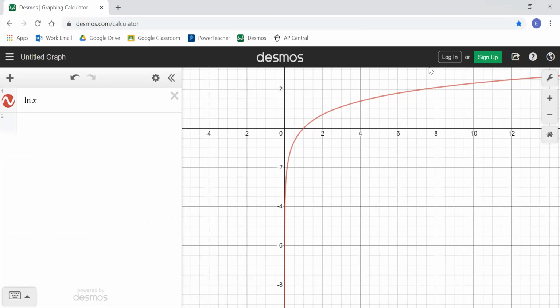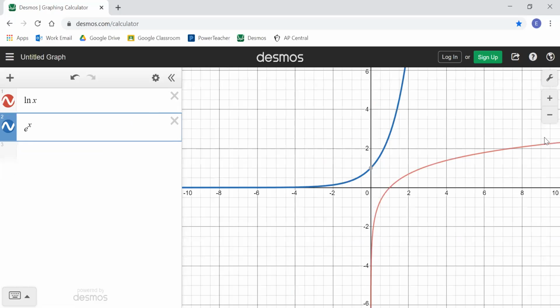And as x approaches infinity, natural log of x continues to increase, albeit slowly, towards infinity. So as x goes towards infinity, ln x is infinity, but as x goes towards 0 from the right, ln x is negative infinity. Everybody good with that or no? Yes. Okay. We should note that natural log of x is just the inverse function of e to the x, right? Those should be a mirror image of each other over the line y equals x.